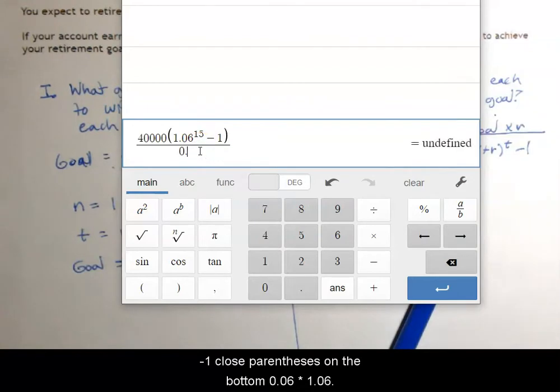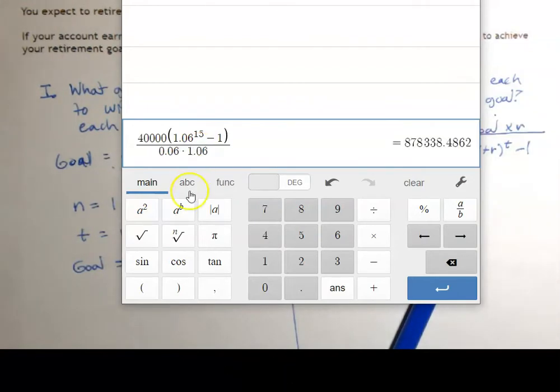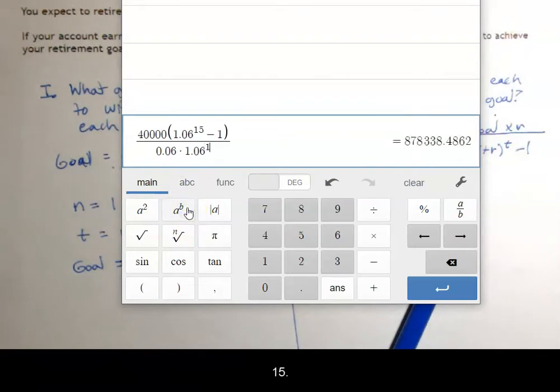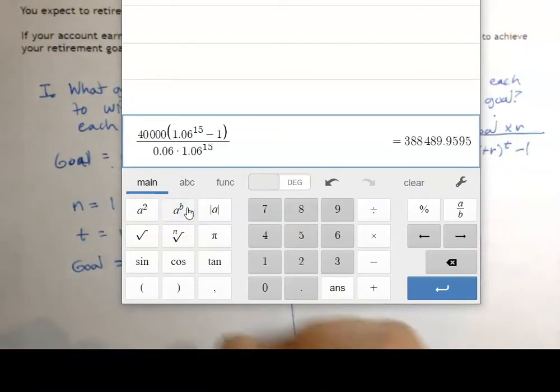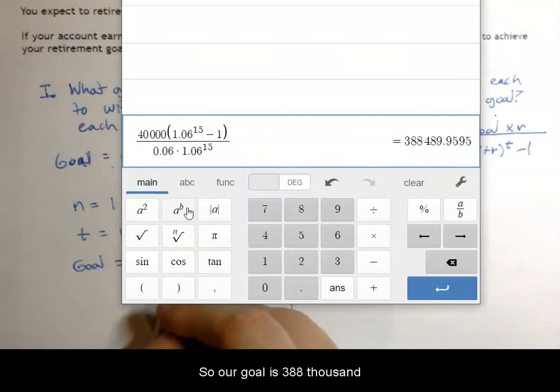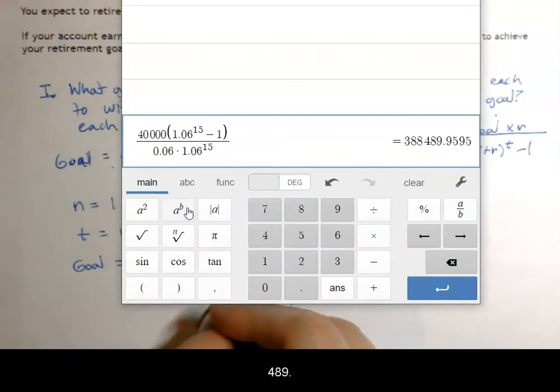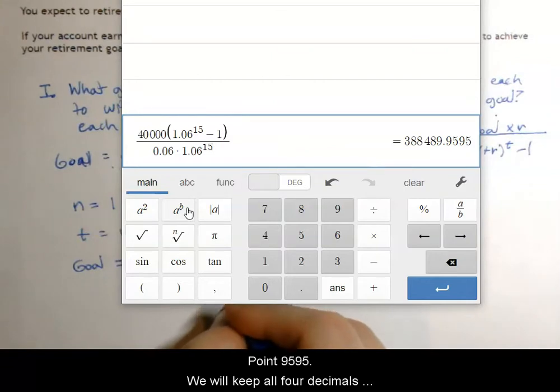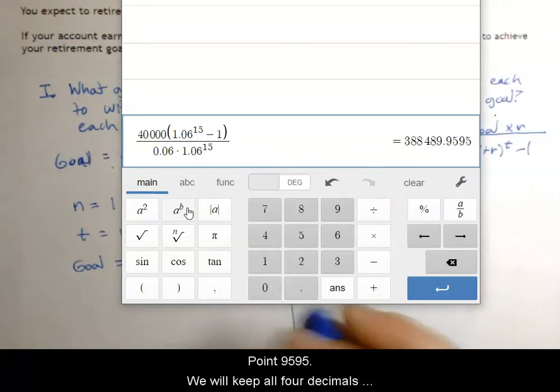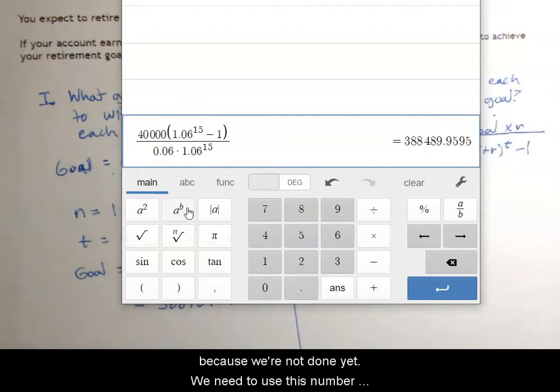On the bottom, 0.06 times 1.06 exponent 15. So our goal is 388,489.9595. We'll keep all 4 decimals because we're not done yet.